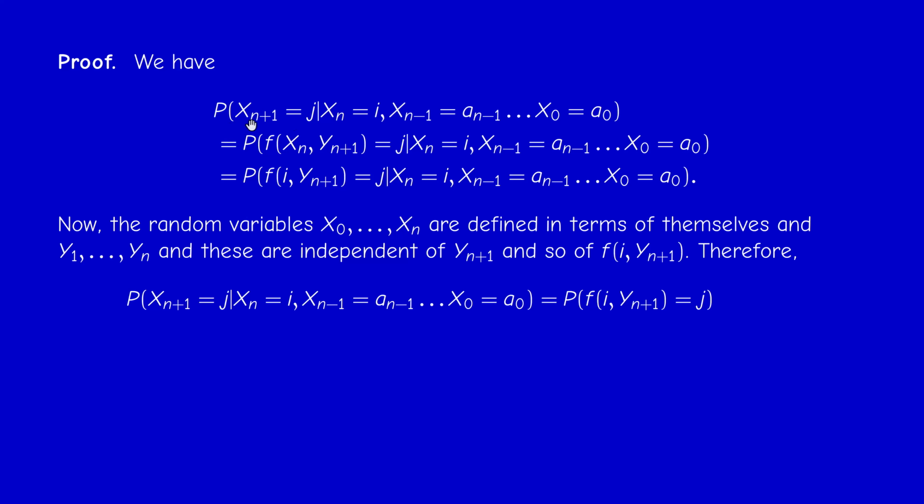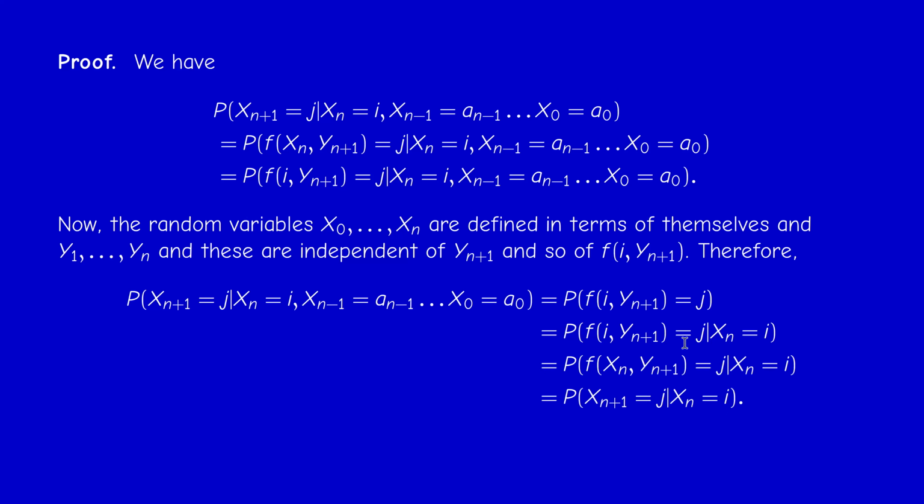So the probability that I'm searching for is just P of f of i and yn plus 1 equal j, right? And also, since xn is independent of yn plus 1, I can also write it as a conditional probability. This changes nothing. And I can write this event now as P of f of xn and yn plus 1 equal j, given that xn equal i.